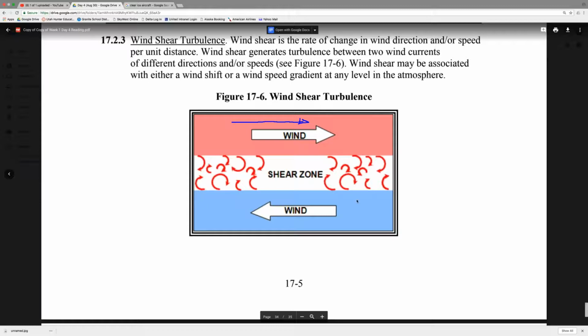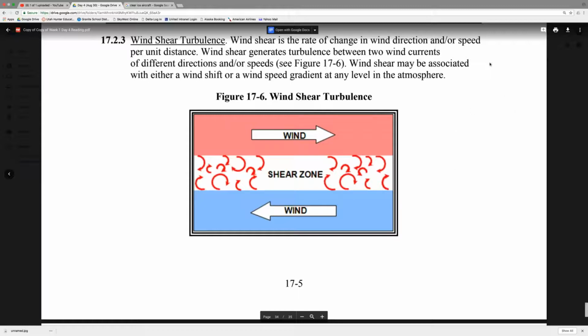All of a sudden the wind will just die, and then the wind will reverse quickly. It may change direction, it may change speed, it may be a combination of both. But either way, pilots panic because they typically experience this wind shear at low altitudes on approach to a runway to land.